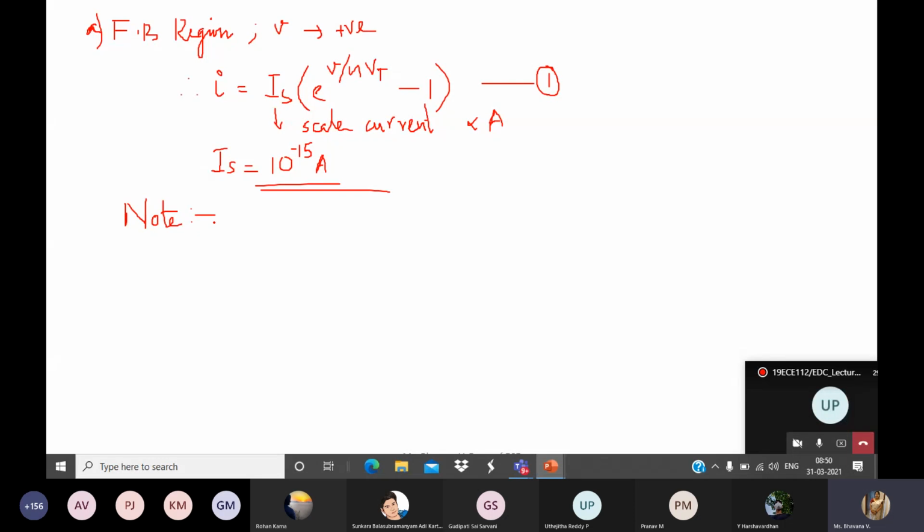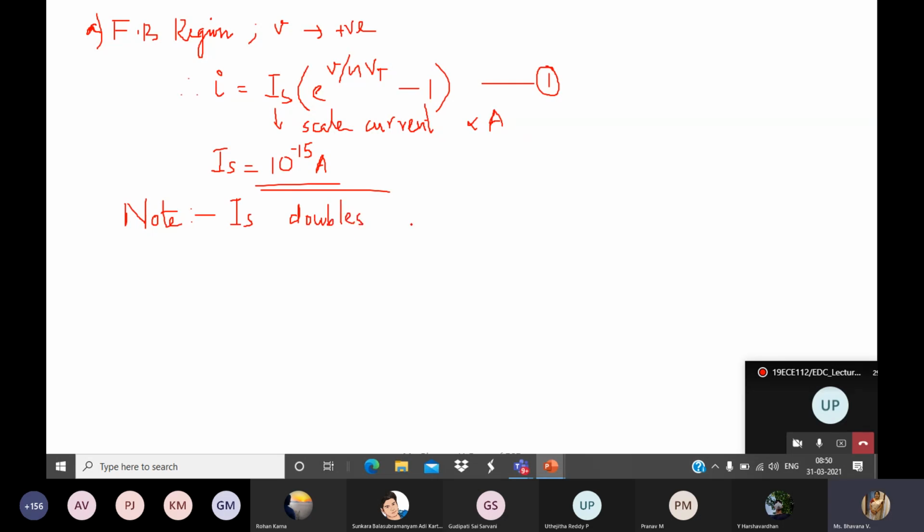In the forward biased region, the saturation current Is is temperature dependent.